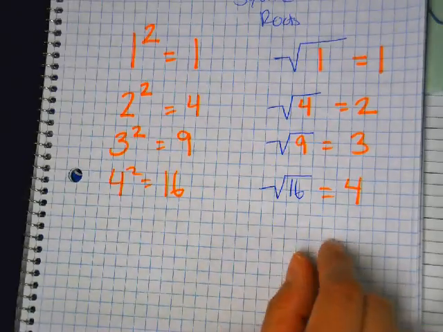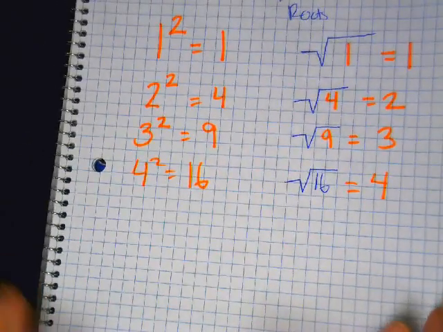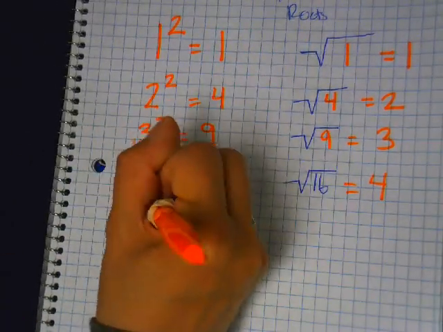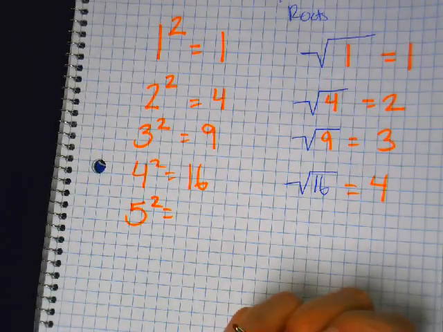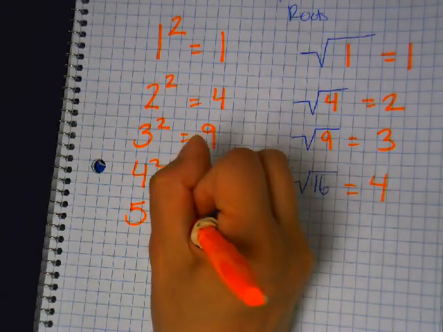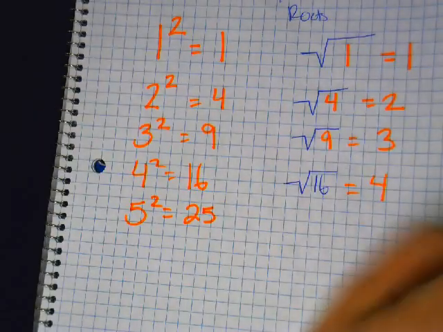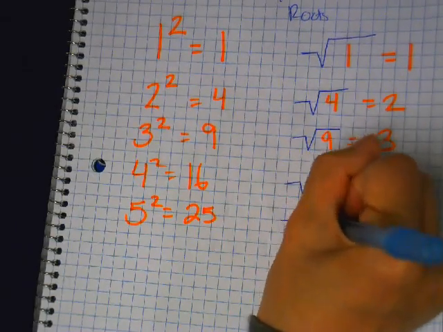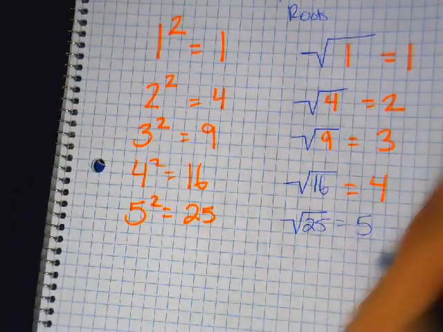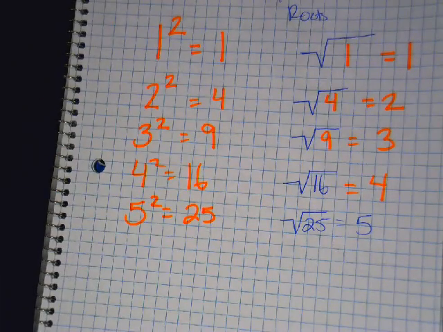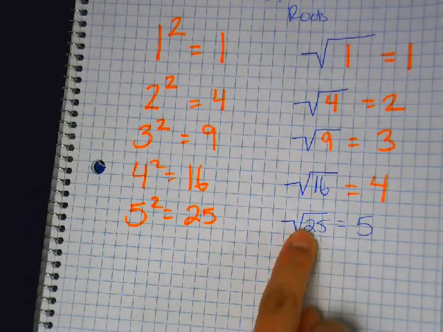Okay, let's do it. We're going to go all the way to a big number. Write all of them down. What's 5 squared? 25. What's the square root of 25? 5. So what you're creating is an answer sheet. When we do this whole week, you're going to look at this and be like, oh, I got 25. What's the square root of 25?